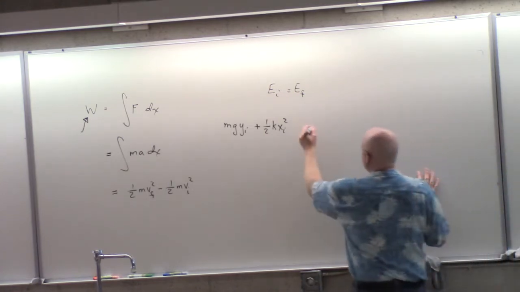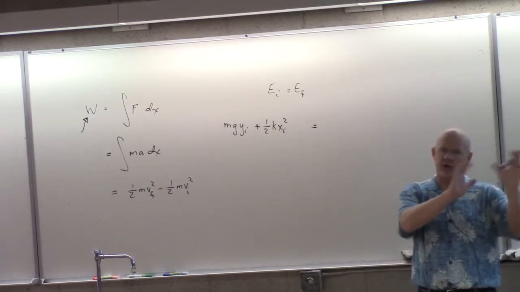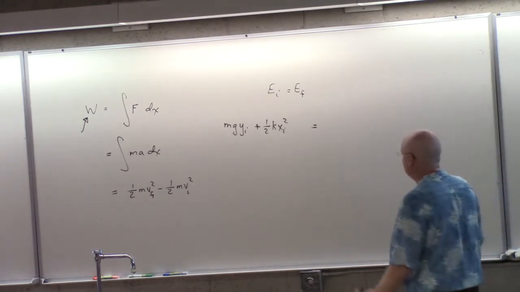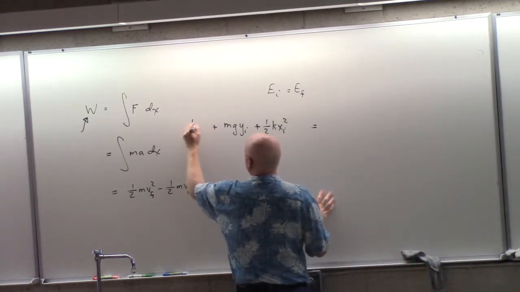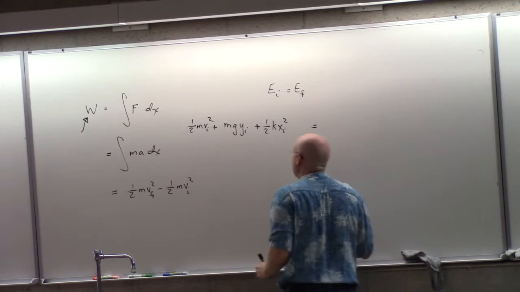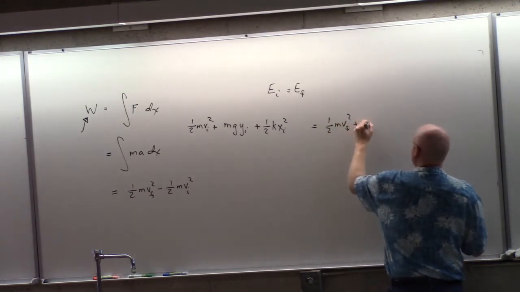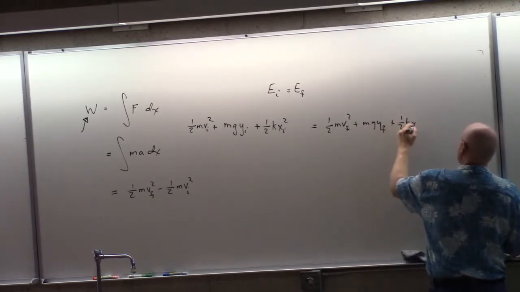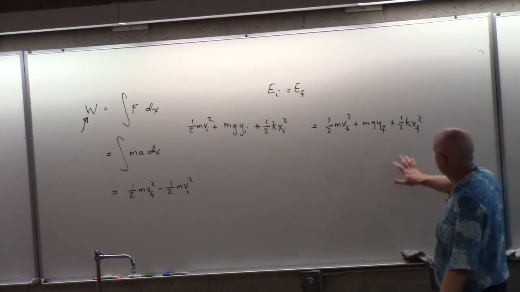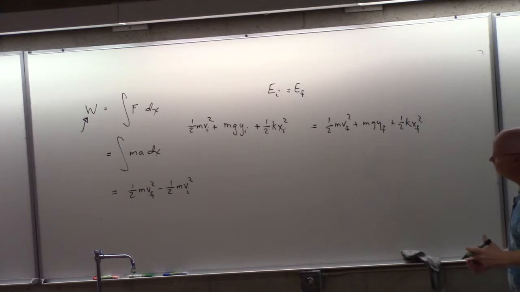We had some other energies in here, but without diving too deep into last semester, let me just point out, oh, I should have had the initial kinetic energy. Then we set it equal to the final kinetic energy, the final gravitational potential energy, and the final elastic energy. A lot of times we had just one term, maybe one potential energy and one kinetic energy.